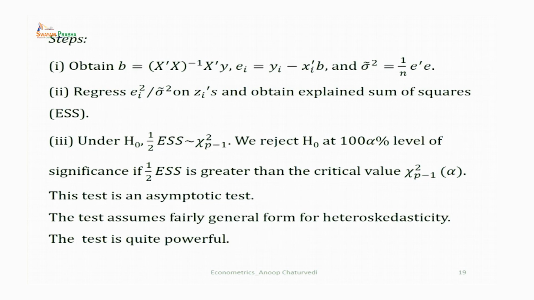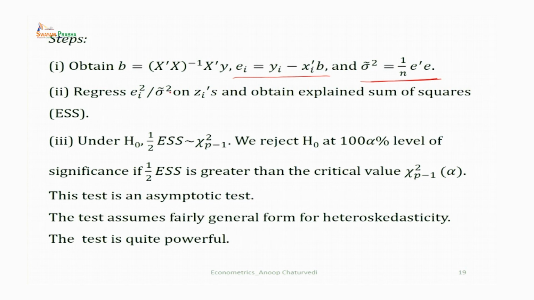So, the steps for Breusch-Pagan test are: we obtain the OLS estimator b and the OLS residual e_i, y_i minus x_i transpose b, and then we obtain sigma tilde square equal to 1 upon n e transpose e.